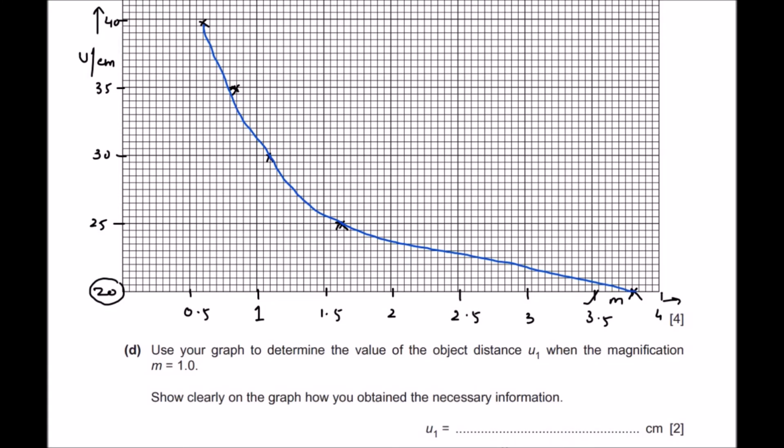After drawing the graph, look at this part D. Use your graph to determine the value of the object distance u1 when the magnification is 1. Show clearly on the graph how you would obtain the necessary information. u1 you need to calculate and write here.